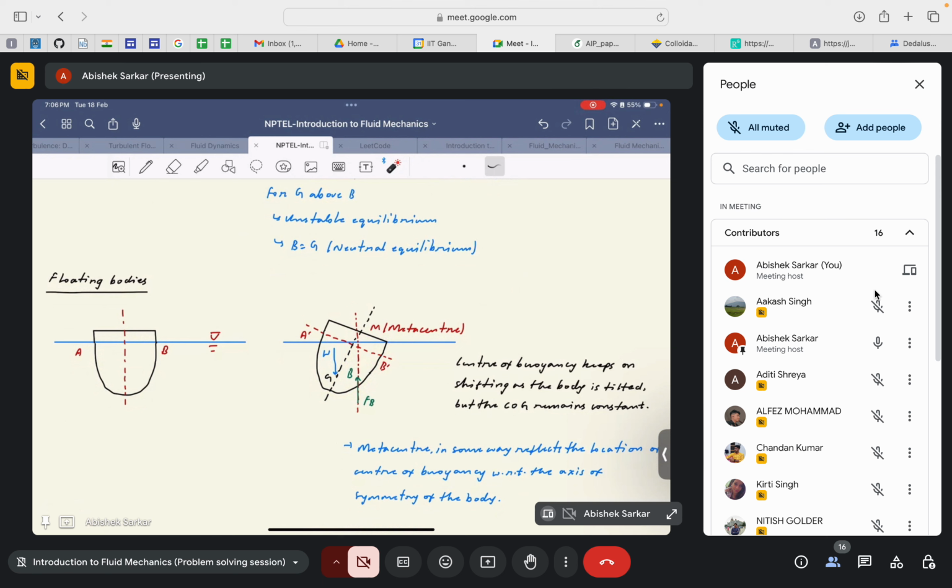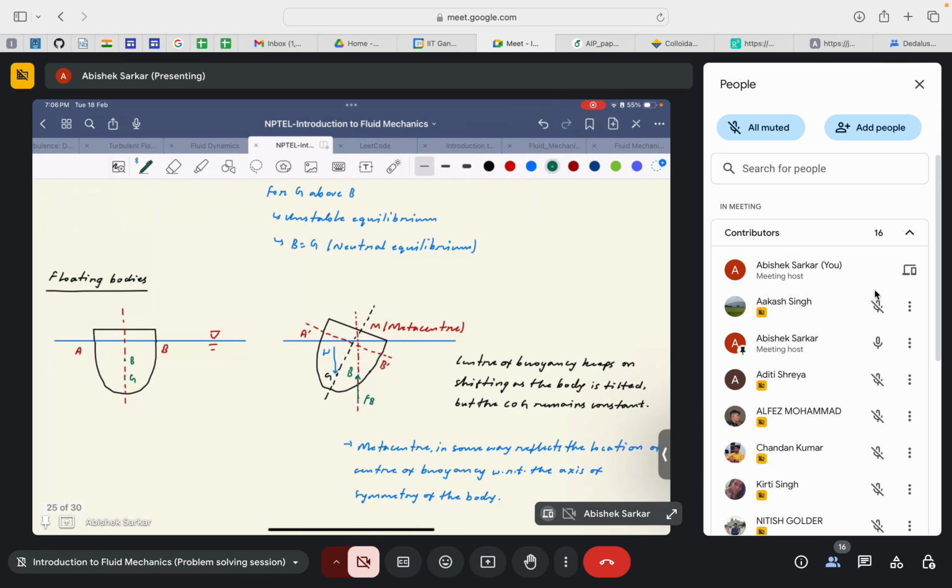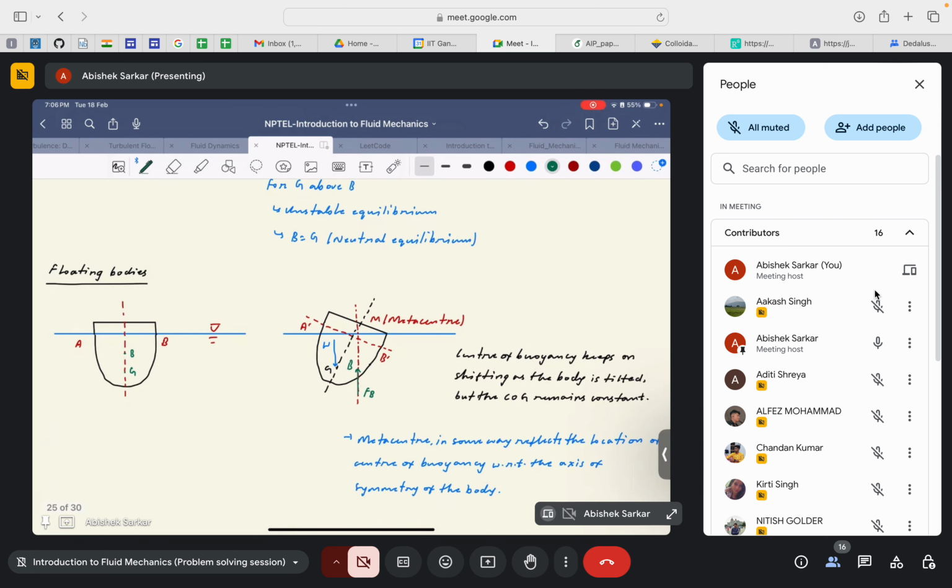Okay, so you'll see that initially if the center of buoyancy was somewhere here, let me just draw it. If this is G and this is B, then you'll see that the center of buoyancy now shifts to a new location, say B dash.